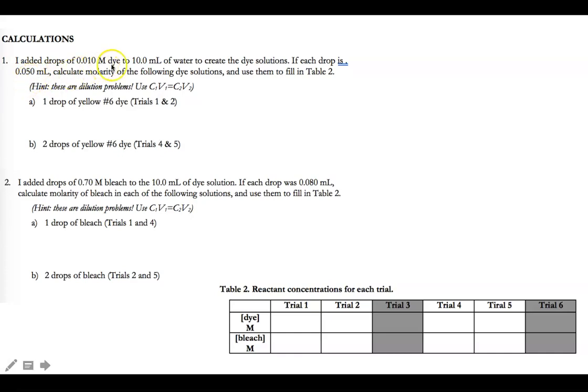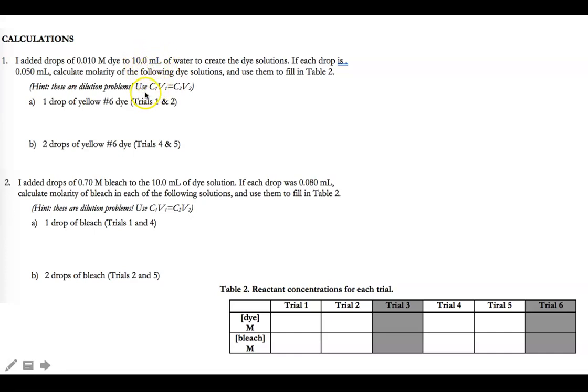So using these numbers, I want you to calculate what the molarity of the overall dye solution was. If I used 0.05 milliliters, a drop that was 0.05 milliliters of a 0.01 molar solution, to make a 10 milliliter solution, what was the molarity of that solution in the cup?